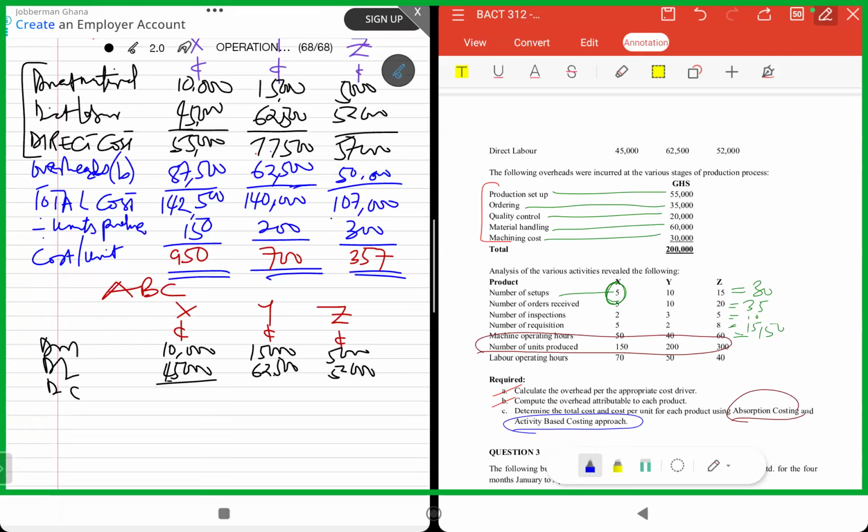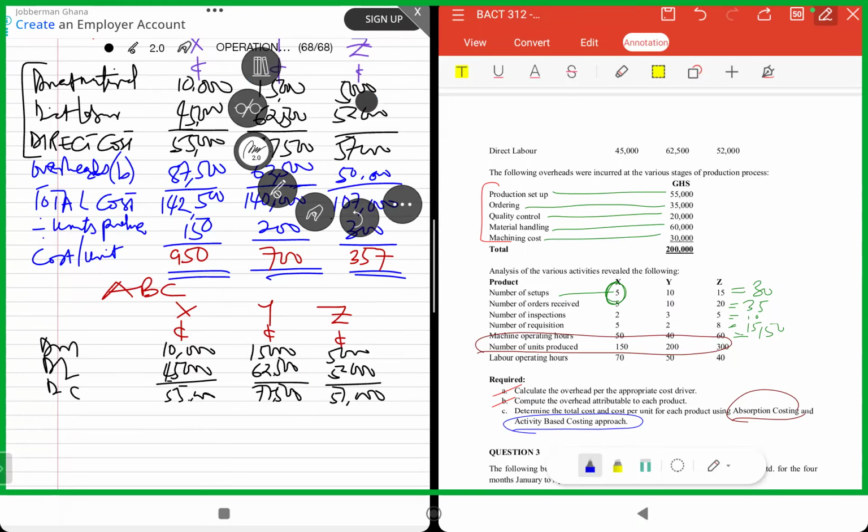Then together gives me 55,000, 77,500, 57,000. Then I'll come to the overhead. That will give the difference. Otherwise, everything is the same because we're only dealing with overhead matter here.